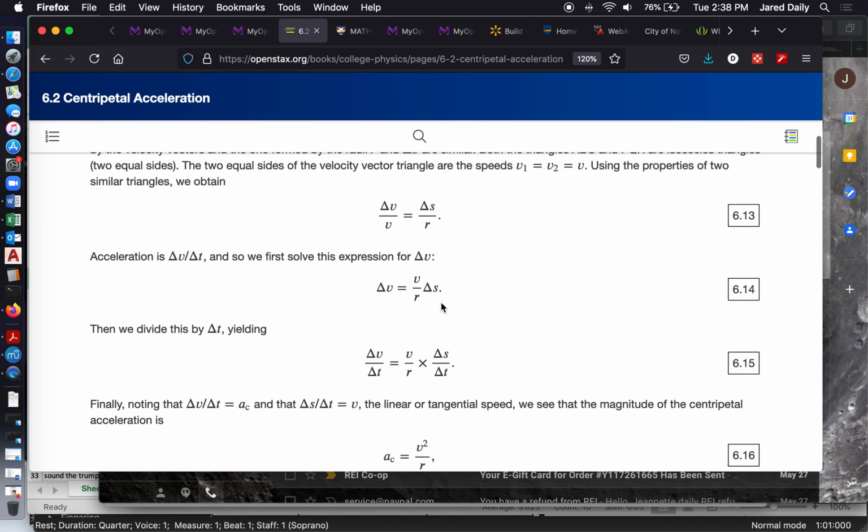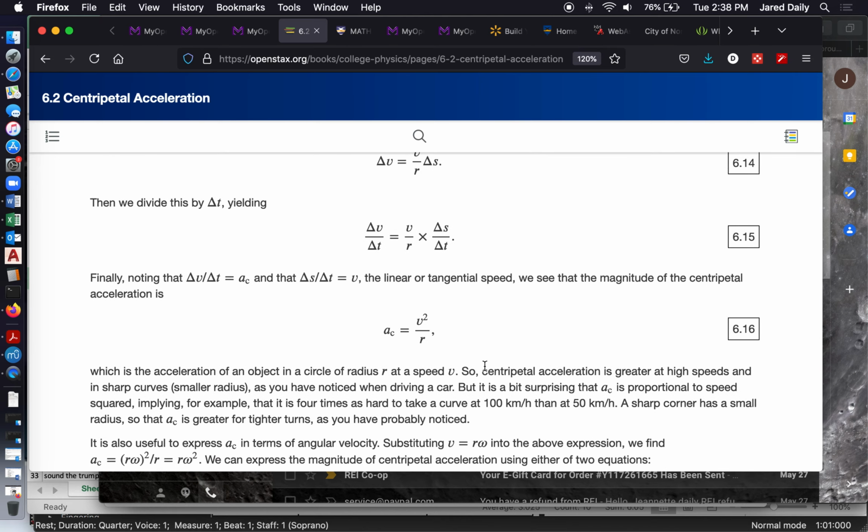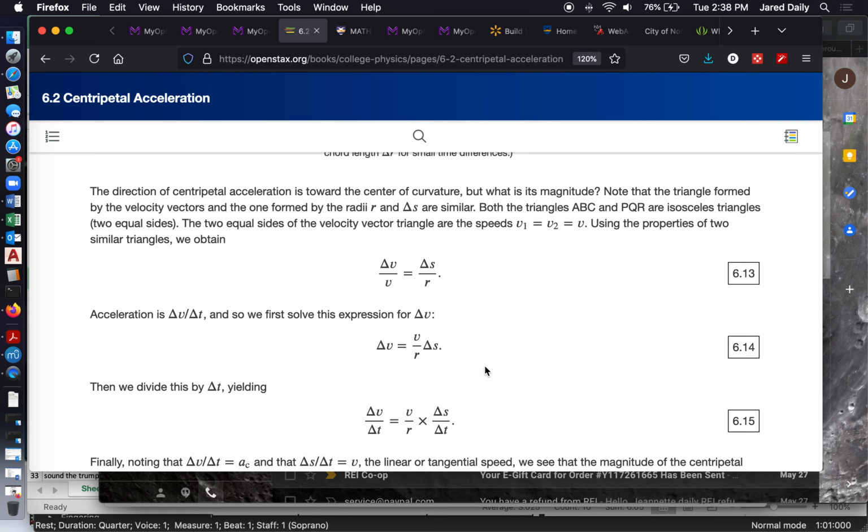So here they do the math of that vector thing that we did up above. And the interesting thing here is they're again using some of these relationships that we know. We know that, for example, delta S over delta T is the speed along the edge of the circle, or the tangential velocity, it could be thought of.